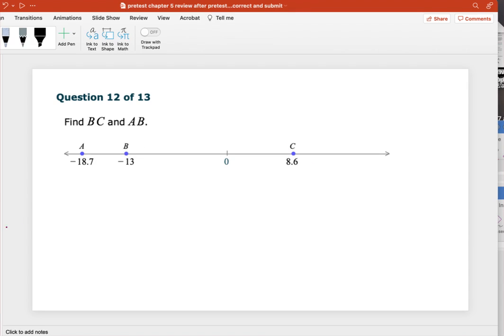Number 12, BC is a distance between B and C. That's what BC stands for. Very often you will see it look like that with a little line over it. Okay, but that is the distance between them. So, negative 13 minus 8.6 is going to basically be the same sign. I'm going to end up adding those together.